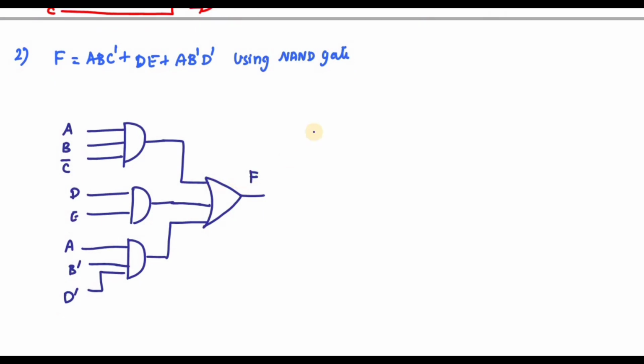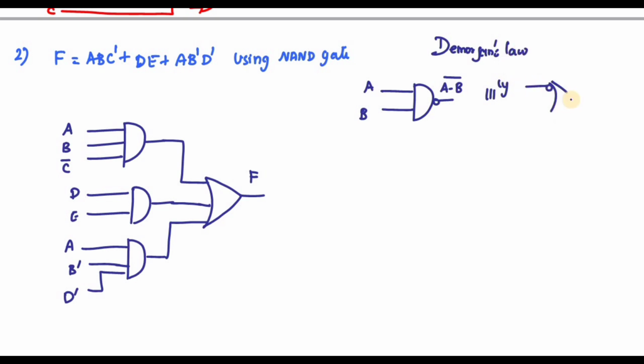Now how will the NAND gate look? This is my NAND gate, A dot B the whole bar. This is similar to, if I apply De Morgan's law, A bar plus B bar. So for the NAND gate, I have to insert a bubble at the output side.